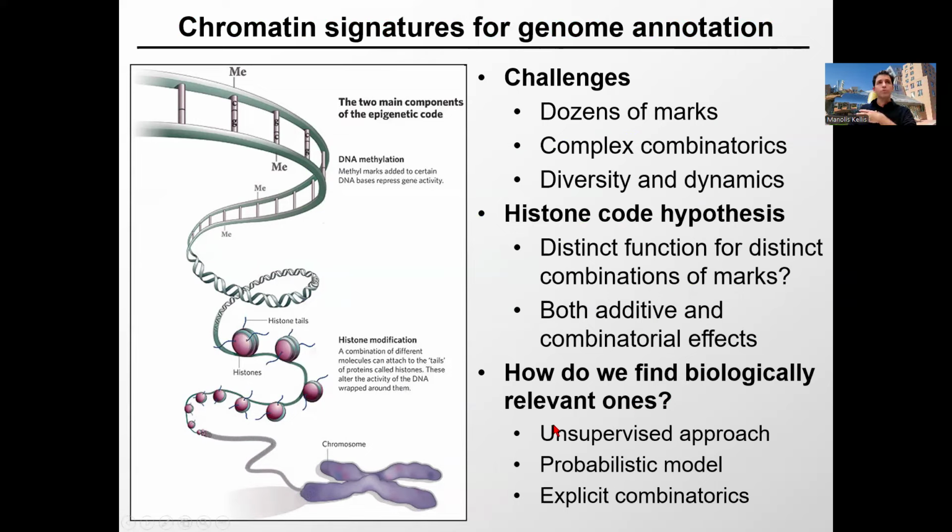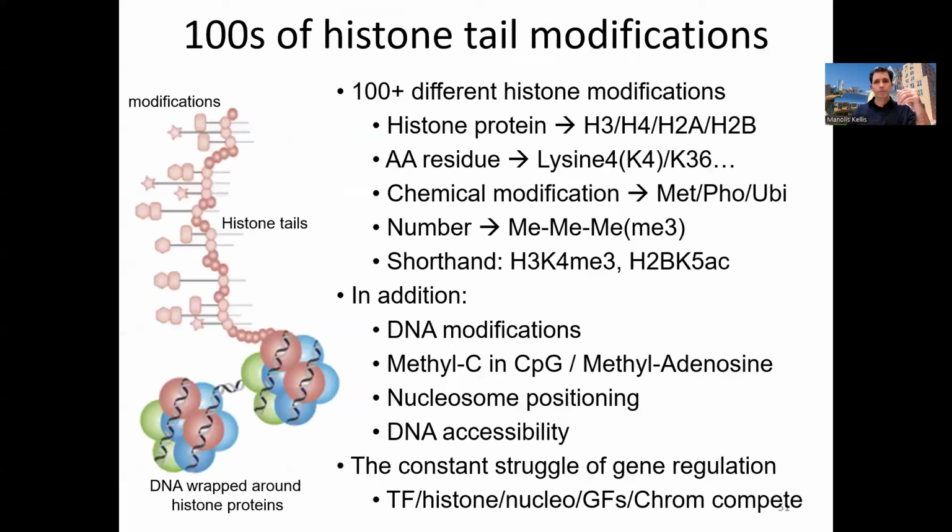What we want is to be able to learn the language of the epigenome from scratch. We want an unsupervised approach. Just give it a bunch of data, come back and say, okay, well, I found 20 patterns that matter. Everybody with me here? So that's the goal. And we want a probabilistic model that explicitly models the combinations and that uses, just like we saw on Tuesday, the relationship between neighboring positions to avoid making a bunch of bogus calls.